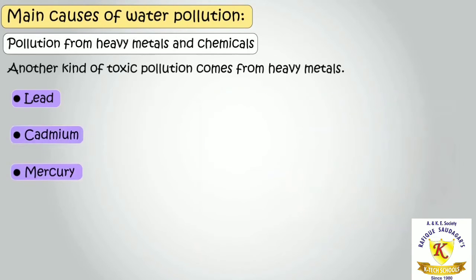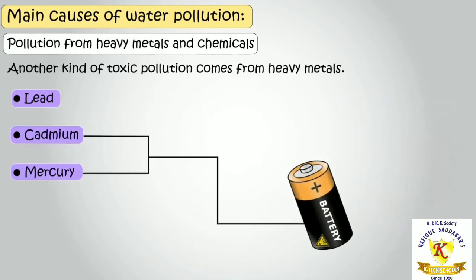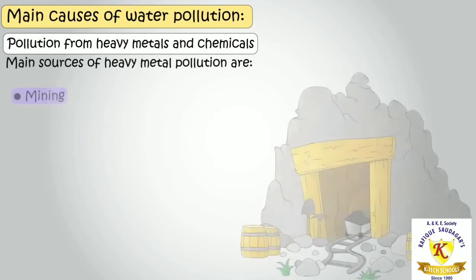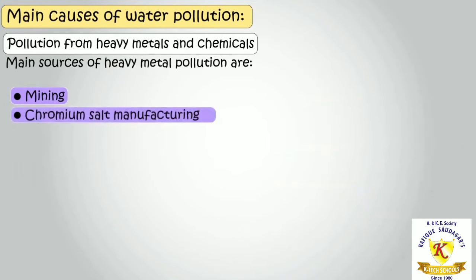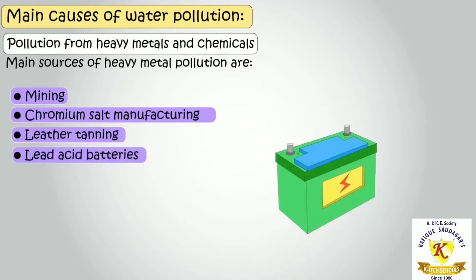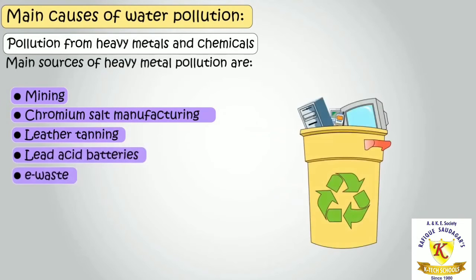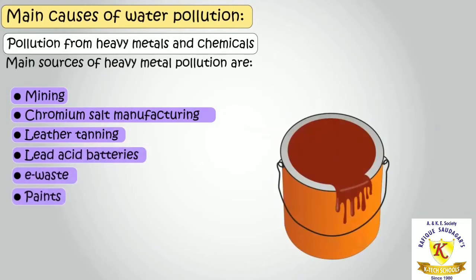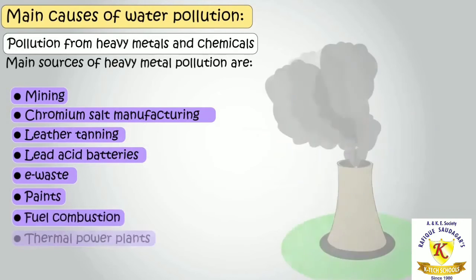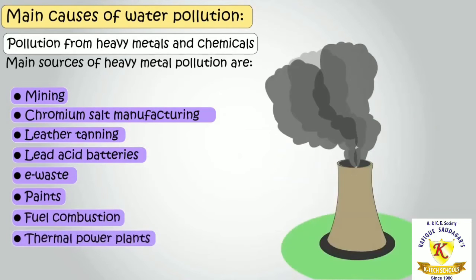Mercury and cadmium are still used in batteries. Main sources of heavy metal pollution are mining, chromium salt manufacturing, leather tanning, lead acid batteries, e-waste, paints, fuel combustion, and thermal power plants.